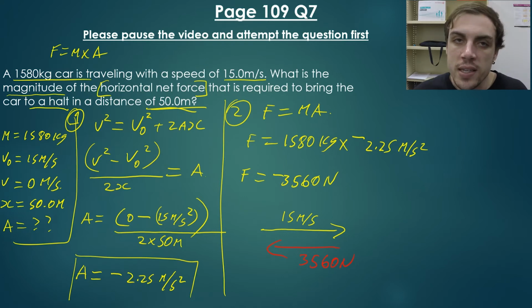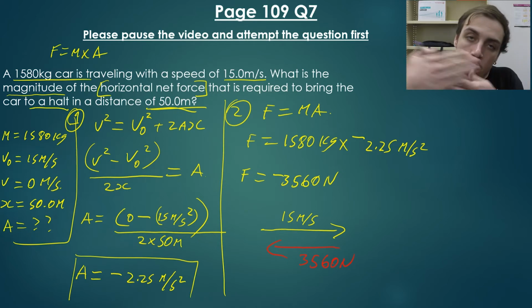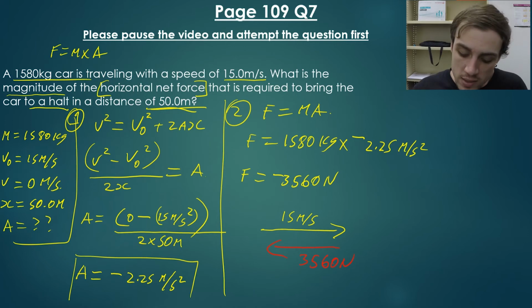All it means is, by that negative, it is accelerating in the opposite direction to the velocity. So that tells us, which we could have deduced by ourselves, that the car is decelerating.